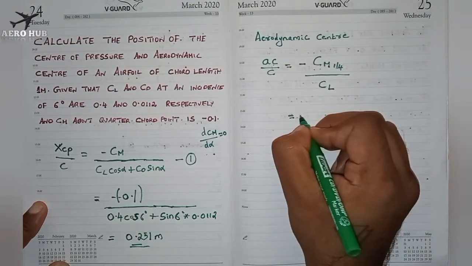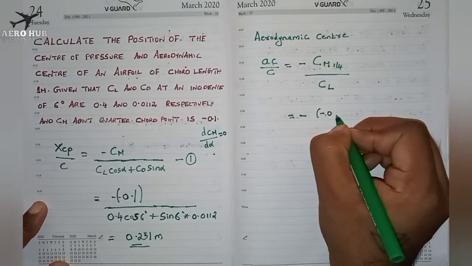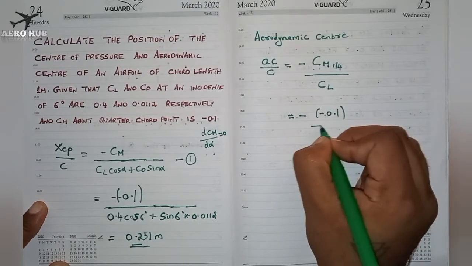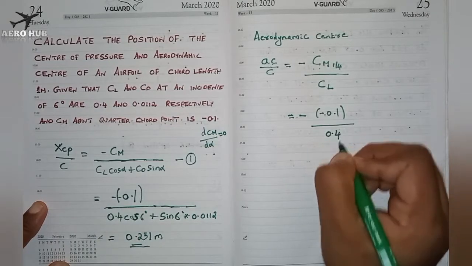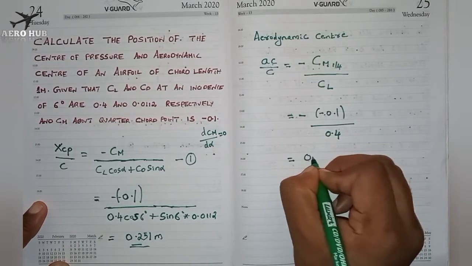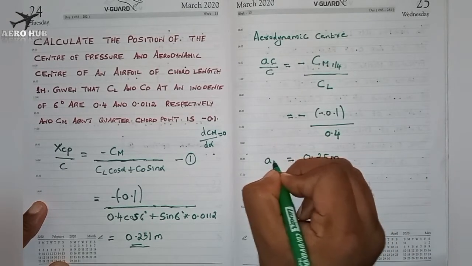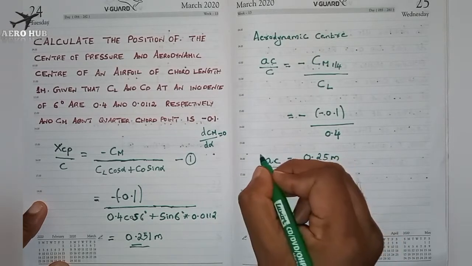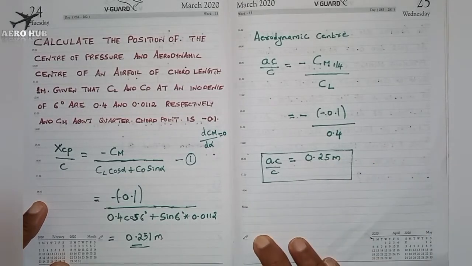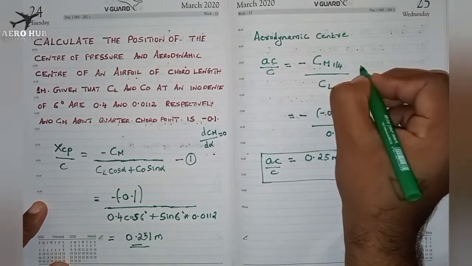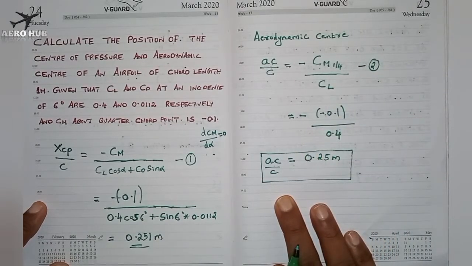Okay, so we have minus of Cm of quarter point is minus 0.1 divided by Cl. Cl is how much here? 0.4. Okay, so we'll be getting 0.25 exactly. This is the value of aerodynamic center. Okay, it is nothing but the position of aerodynamic center. Okay, so we have the two formulas. This is equation number 2, and we have certain other formulas through which we can find out the value of aerodynamic center.